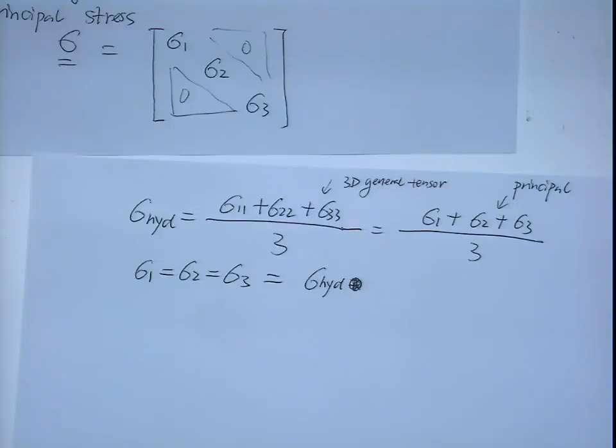That is the physical meaning of hydrostatic stress. Since we are considering how to predict yielding, this part doesn't contribute to yielding, so we need to subtract the hydrostatic part in our calculation. That will be relevant to our Von Mises criteria. Okay, that's one recap.